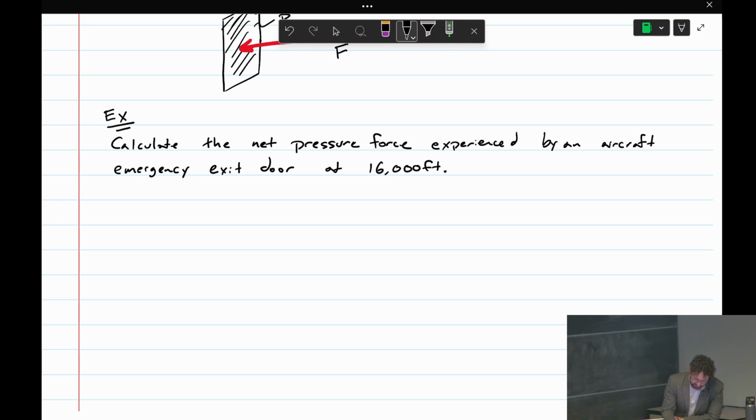Just for simplification here, we'll assume the door is flat, with an area of 0.6 meters squared.